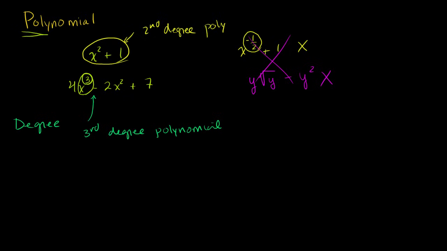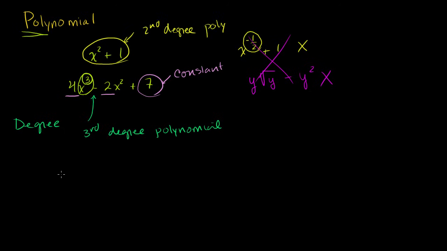Now, a couple of other terminologies or words that we need to know regarding polynomials are the constant versus the variable terms. And I think you already know these are variable terms right here. This is a constant term. That right there is a constant term. And then one, I guess, last part to dissect a polynomial properly is to understand the coefficients of a polynomial. So let me write a fifth degree polynomial here.